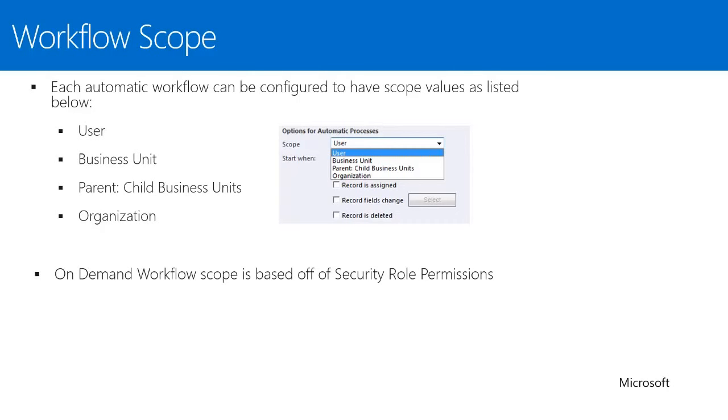So if it's set to organization, then the workflow will be selectable in the run workflow option for all users that have organizational read rights to the workflow permission. If it is set to business unit scope, then it will be selectable only if the workflow is owned by someone in your business unit. And then the other option is if it's a scope of user, only the owner of that workflow would be able to see that on-demand workflow in their list to be able to run that on demand.